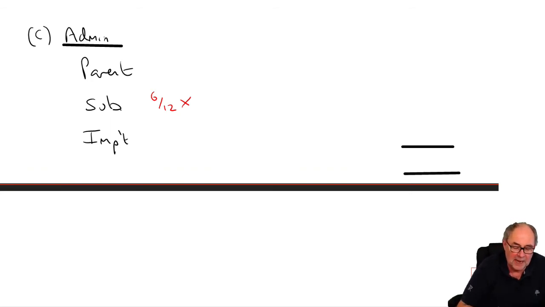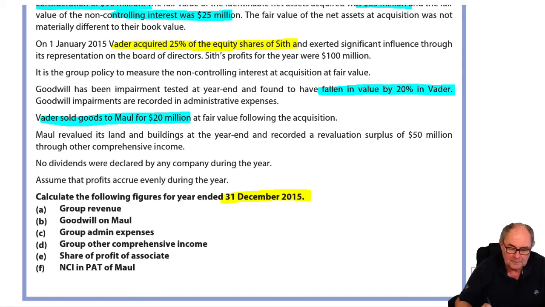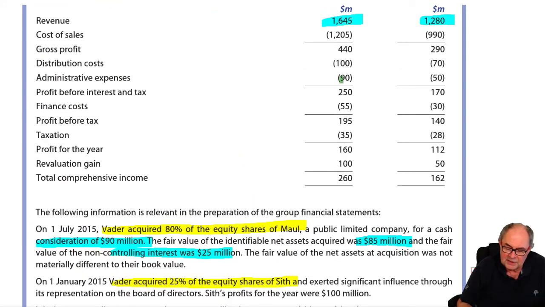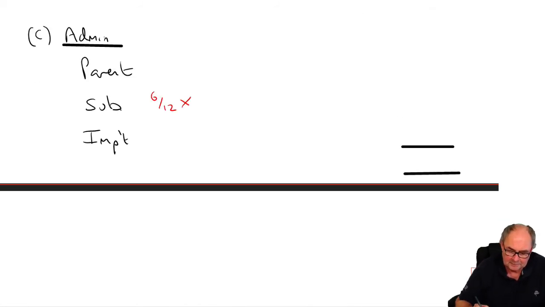So let's go back to the scenario. I'll just change highlighting colour to green. Parent is 90 and subsidiary is 50. 90 for the parent and 50 for the subsidiary. So 90, 6/12 of 50 is 25.